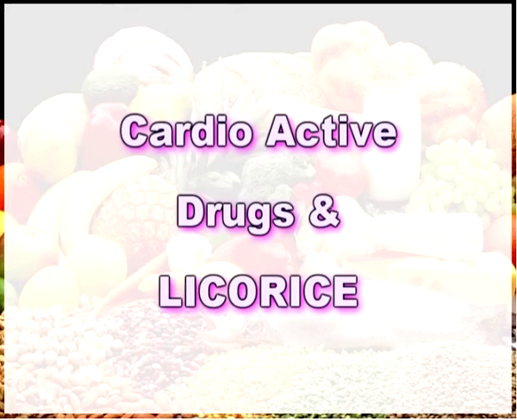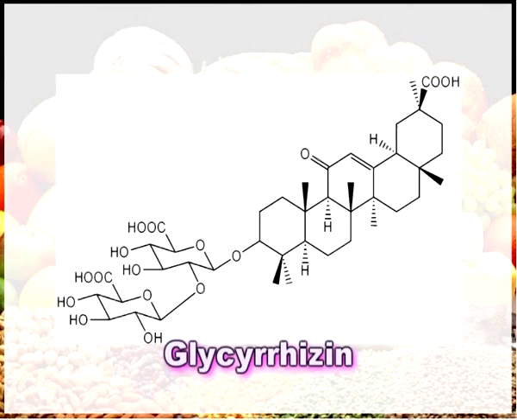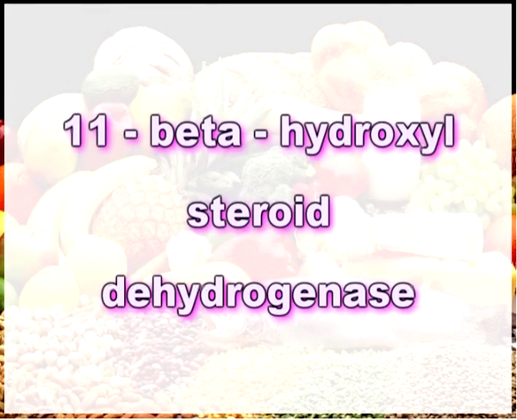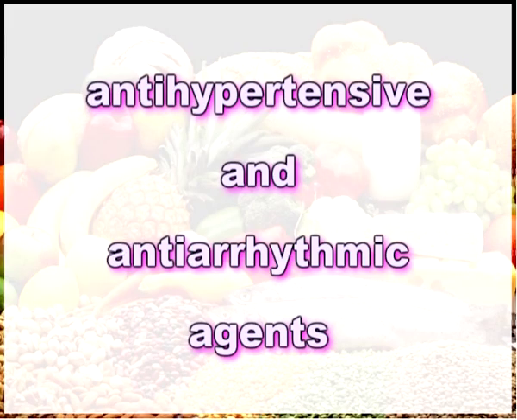Cardiac glycosides can also interact with licorice. Glycyrrhizin, glycyrrhizinic acid, a common ingredient of dietary supplements containing licorice extract, is a potent inhibitor of 11-beta hydroxysteroid dehydrogenase. They increase cortisol level that acts on mineralocorticoid receptors, causing sodium retention and potassium depletion, thus interfering with various medicines including antihypertensive and antiarrhythmic agents.